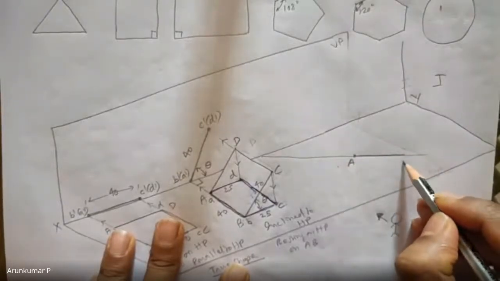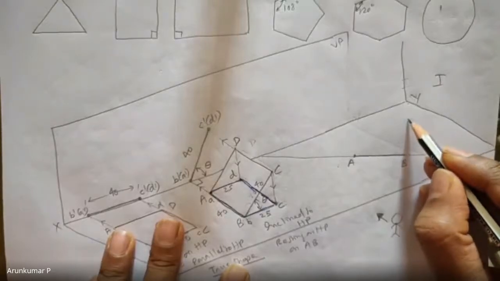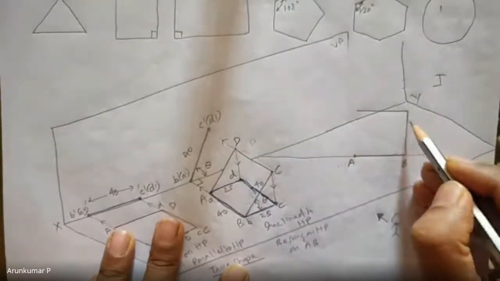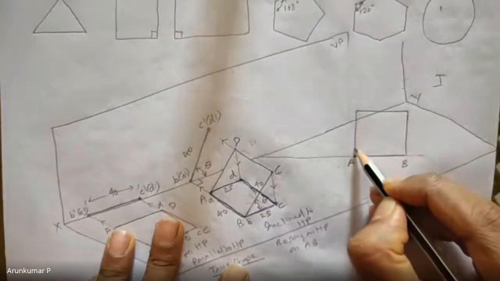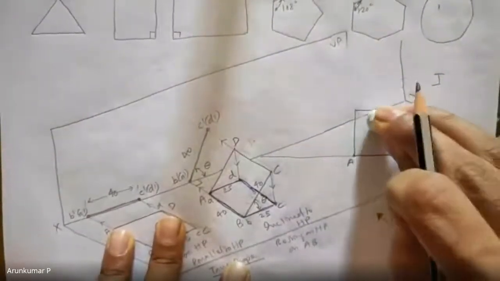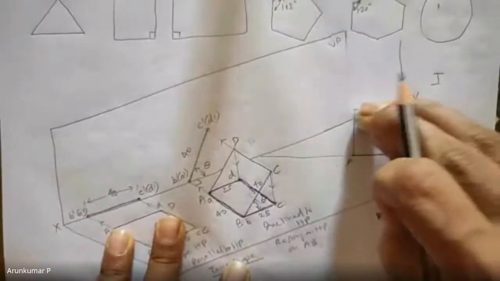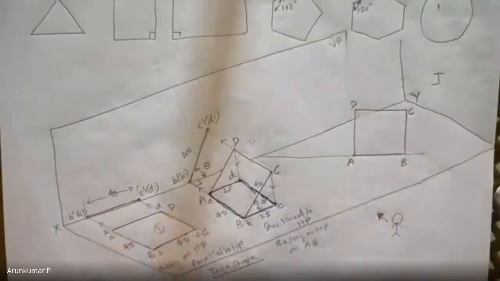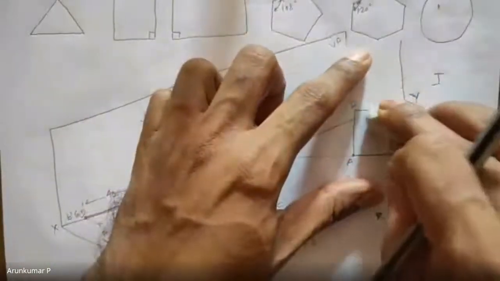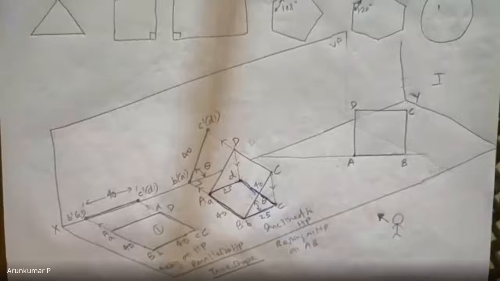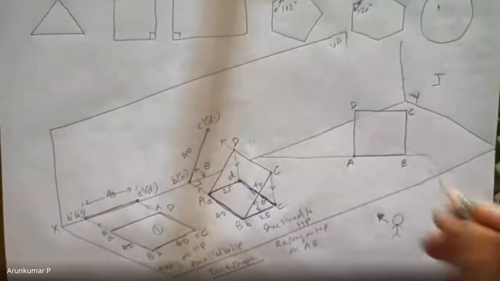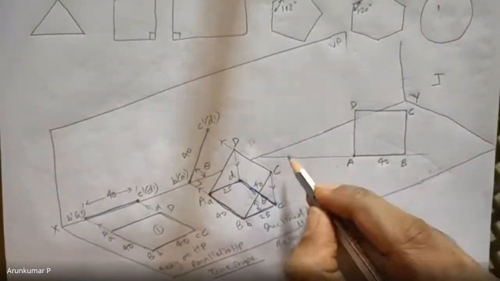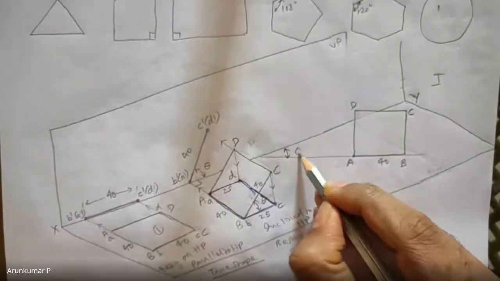A, B, C. You have the same square, 40 by 40 square, but it is inclined to VP by some angle phi.